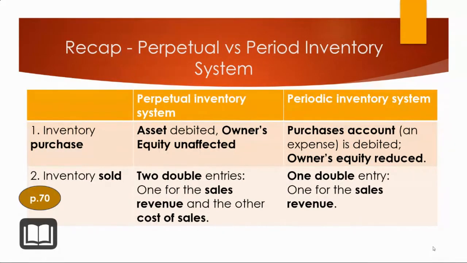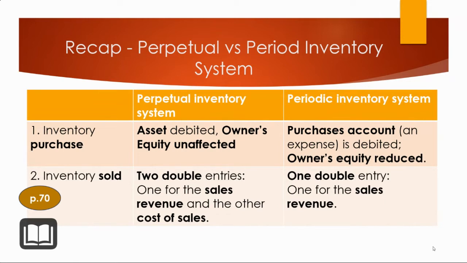Under the periodic inventory system, we take it directly to your purchases account, which is an expense account, and that actually reduces your owner's equity. Okay, so you can see the difference in the purchase. Under perpetual, we take it to an asset account, inventory, whereas under periodic, we take it to the purchases account, which is an expense account, which affects our owner's equity.